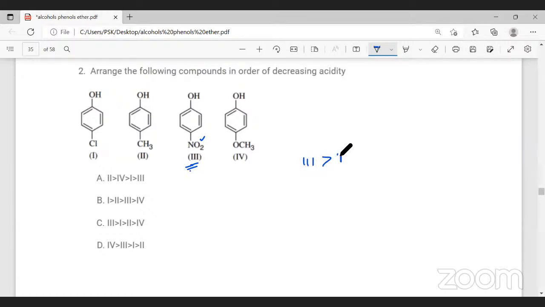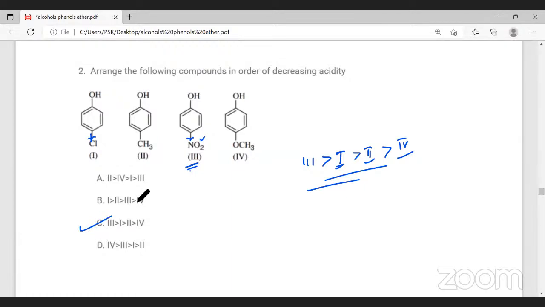Then compared to the first, chlorine is also an electron withdrawing group, but just now we learned about methyl and methoxy, so methyl will be stronger than methoxy. So the order for this is option C. You followed this, what I'm telling, students? Yes, sir.